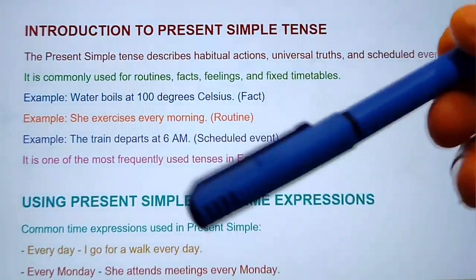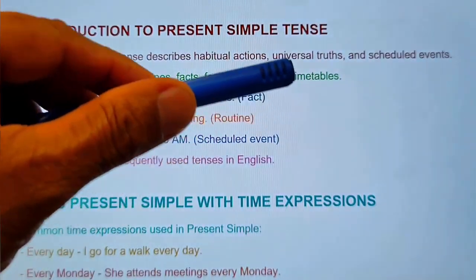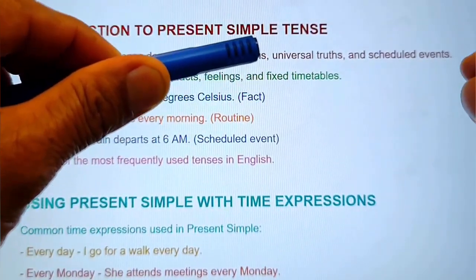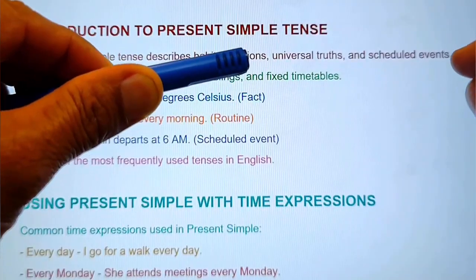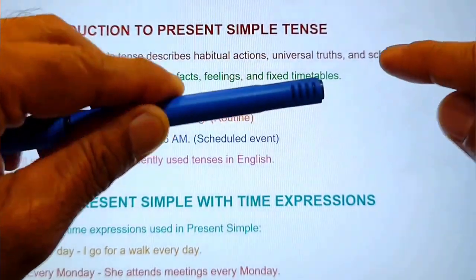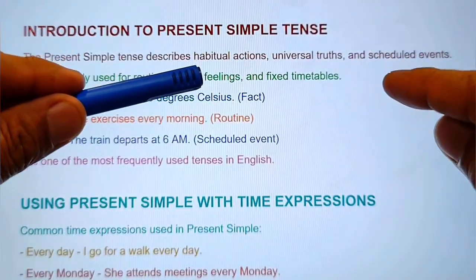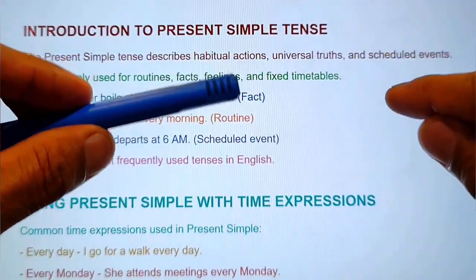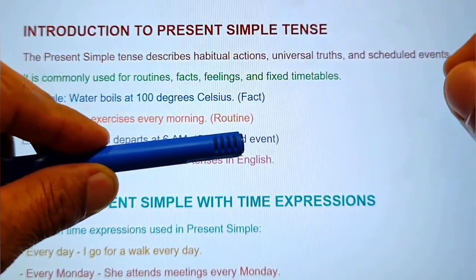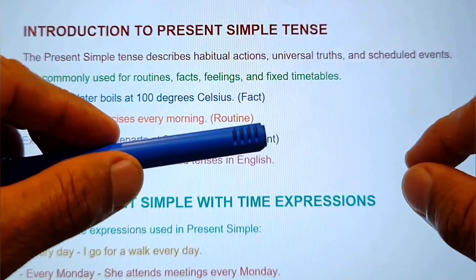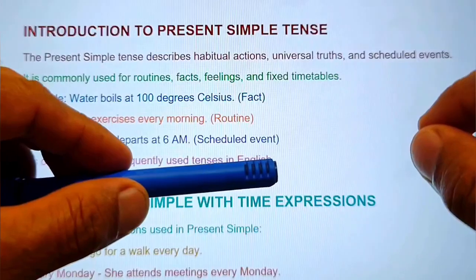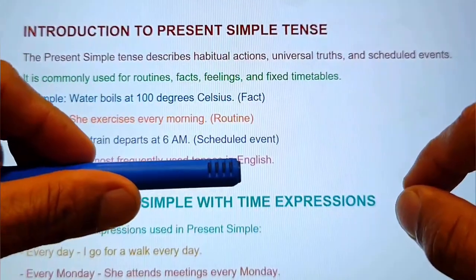If you are confused about the English tenses, then this lesson is very helpful for you to understand how to remember present simple tense in an easy way and how to use it during conversation, communication, reading, writing, and in your daily use.